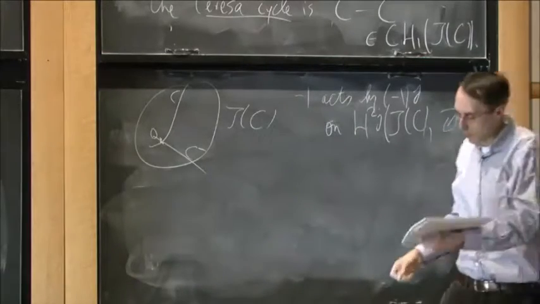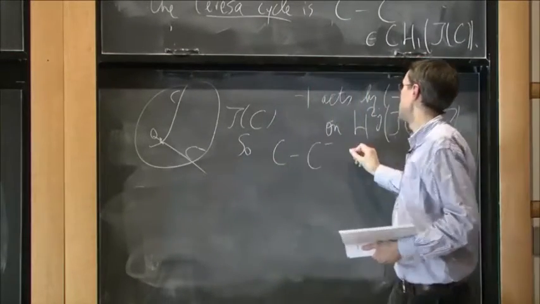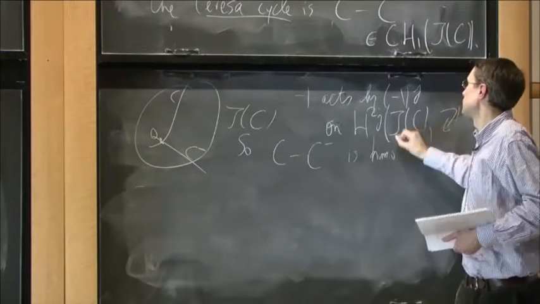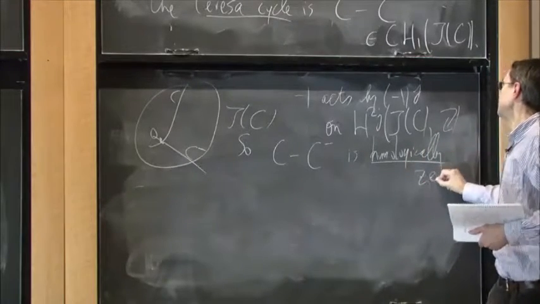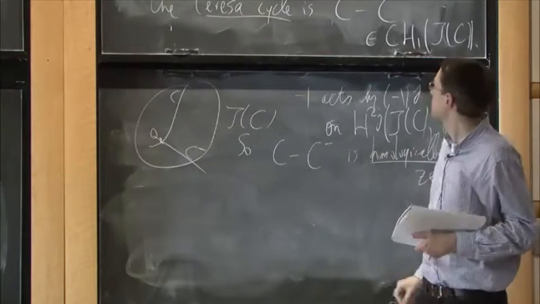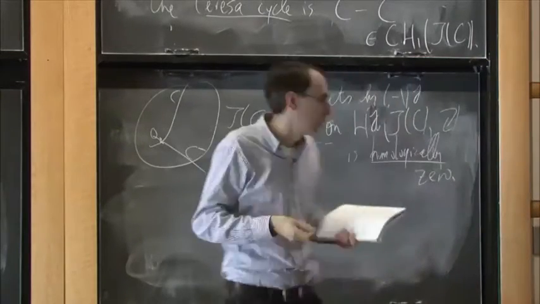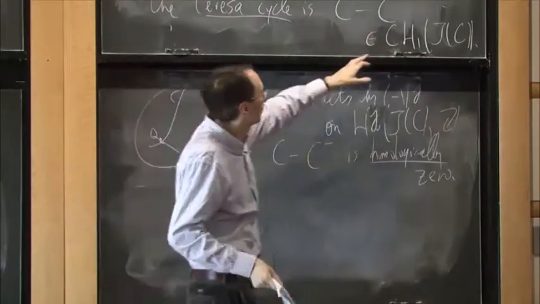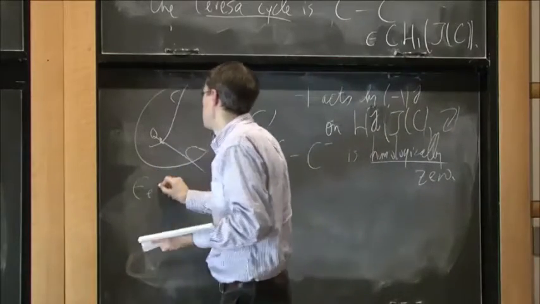This maps to H_2, so C minus its negative this way is homologically 0. Okay. Yes, thank you. So in even degrees it acts trivially, and so this is 0 in cohomology, but it's not obviously 0 as an algebraic cycle, and in fact, Ceresa showed that it's usually not.